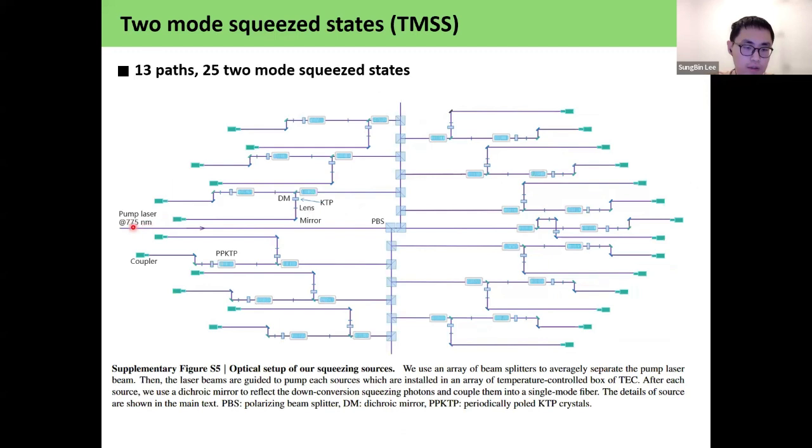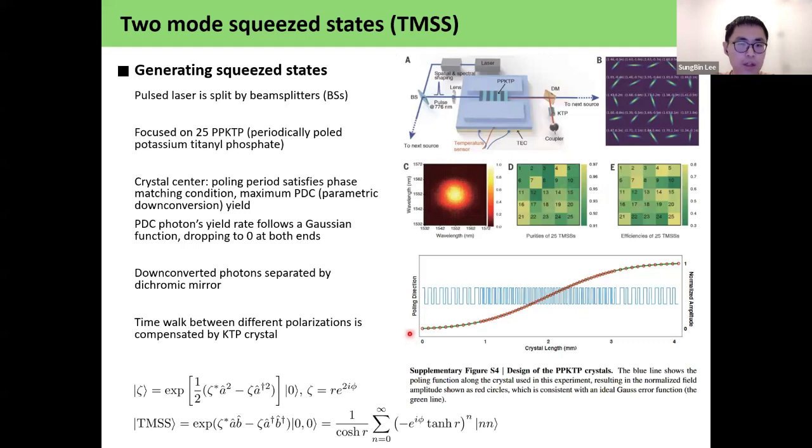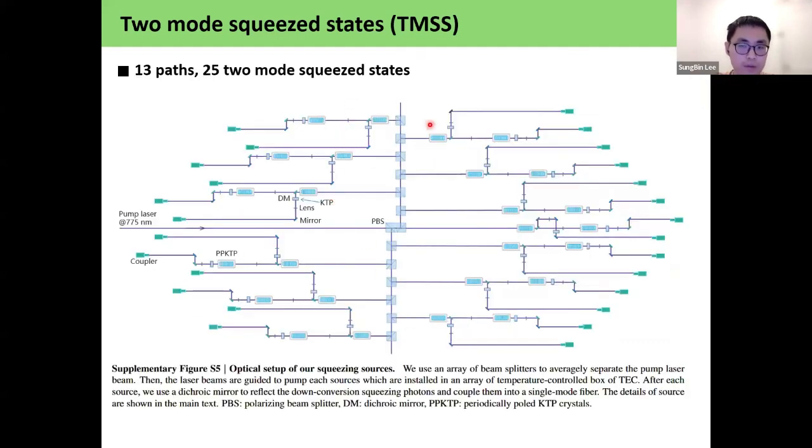So this is from the supplementary figures. If you import the 775 nanometer lasers, you split them in the polarized beam splitters. There are, I guess, in total 13 of these polarized beam splitters for the first time. So if you count all of this, the PPKTP count is 25. So there are in total 13 paths and 25 two-mode squeezed states.